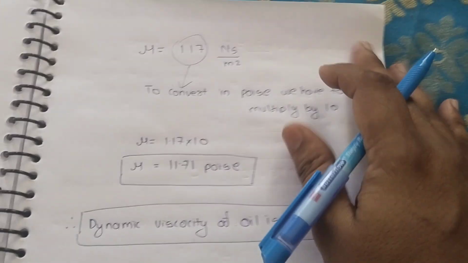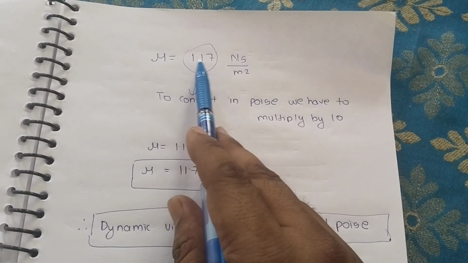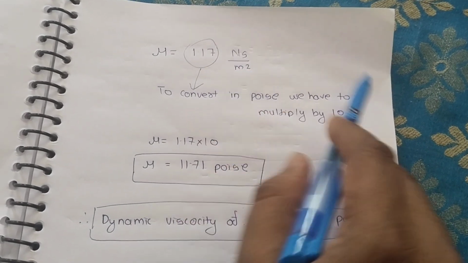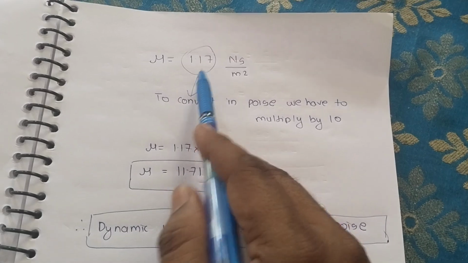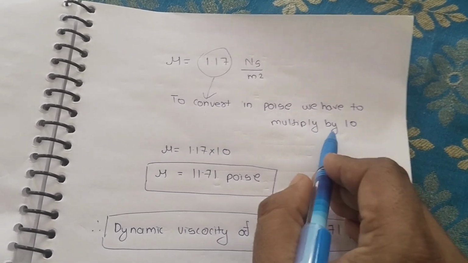Lastly, we have to give the value of mu in poise. We have got 1.17 Newton second per meter square, but we have to convert it to poise.